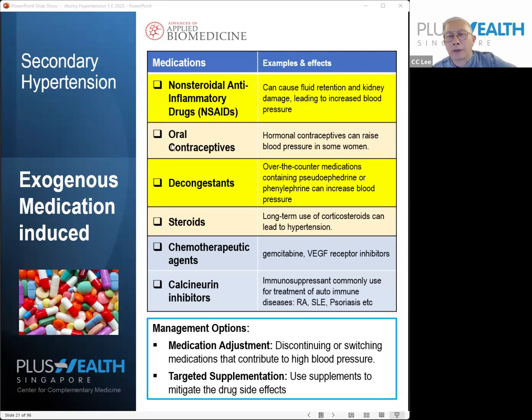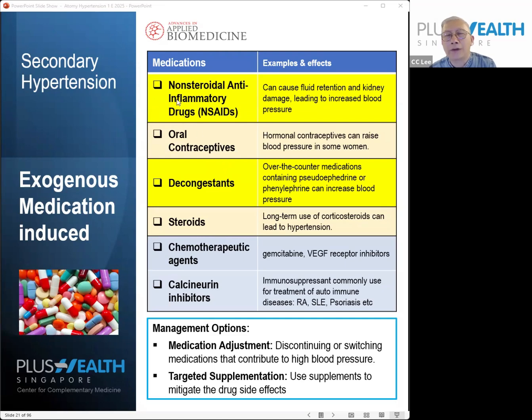One is the oral contraceptive, one is steroids, right? So normally oral contraceptives and steroids are taken over a longer period for certain medical conditions, for instance, for steroids. So therefore, people who are taking steroids should be aware and conscious that the side effect of the steroid can cause hypertension, right?